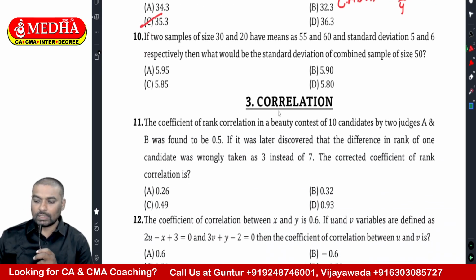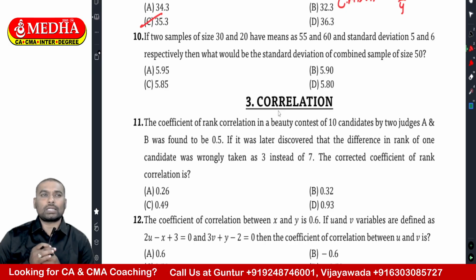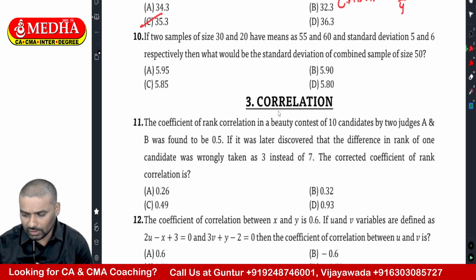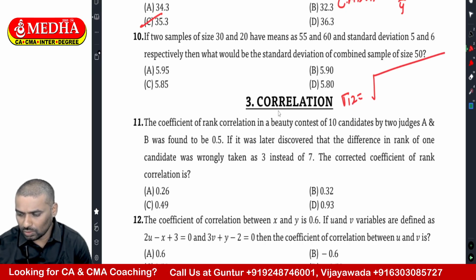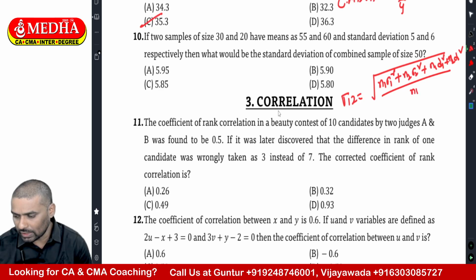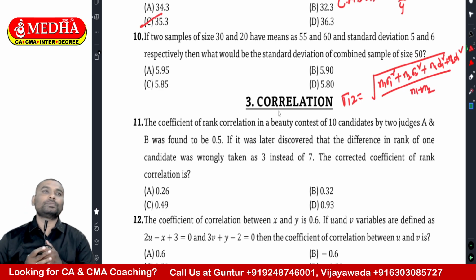Next one is combined standard deviation. The formula for combined standard deviation, sigma 12 is equal to root over n1 sigma 1 square plus n2 sigma 2 square plus n1 d1 square plus n2 d2 square divided by n1 plus n2.